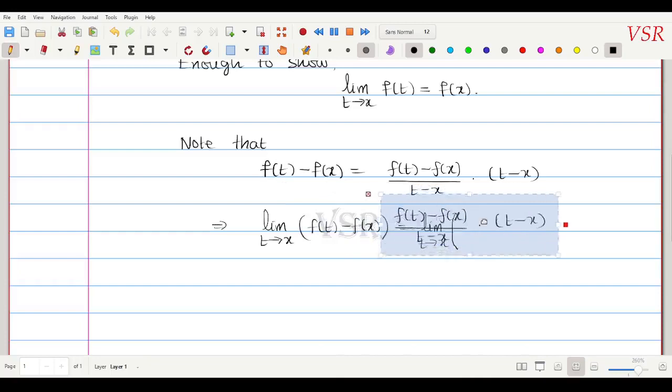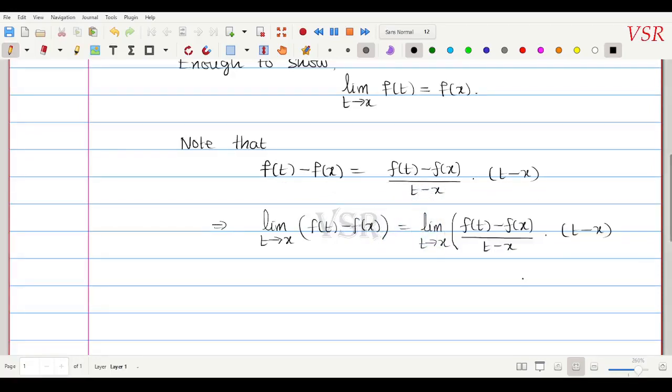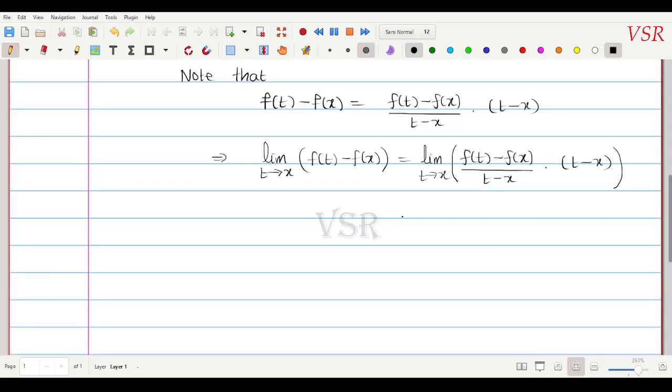And note that multiplication of two functions which is equal to தனித்தனியா multiply பண்ணிக்கலாம். Okay, so this is equal to limit of t tending to x, this into limit t tending to x, t minus x.